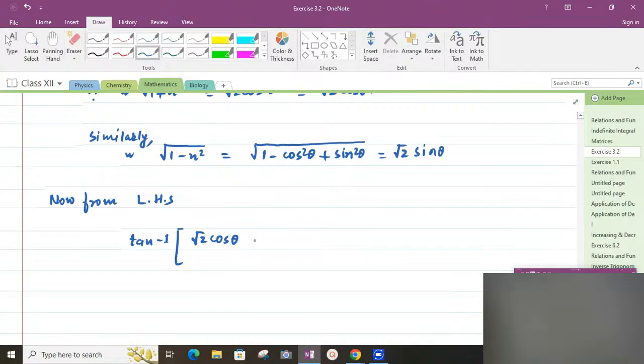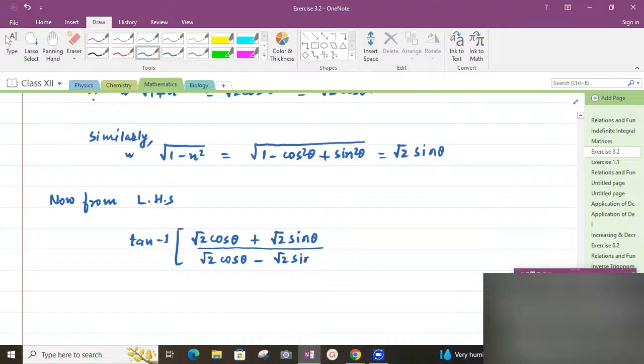So we write down here plus root 2 sin theta by, here will be root 2 cos theta minus root 2 sin theta. Hope that there is no problem to understand up to this step.